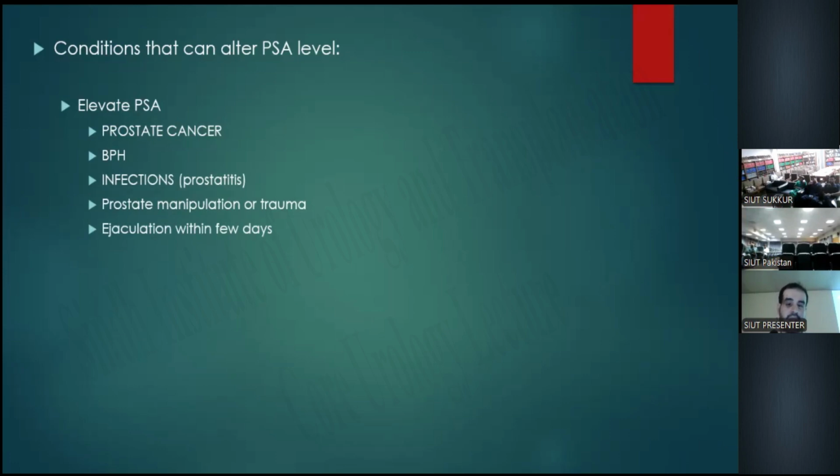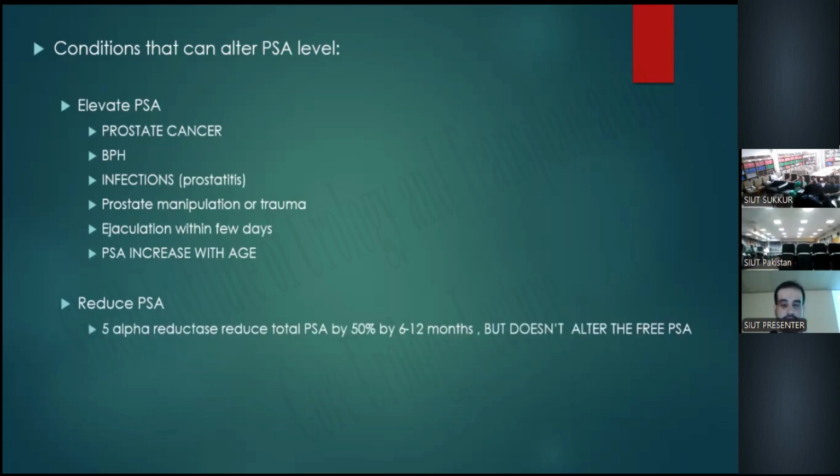PSA increases with age. Some conditions reduce the PSA: 5-alpha reductase inhibitors reduce the total PSA by 50% within 6 to 12 months, but do not alter the free PSA. Also low serum testosterone and prostatic surgery. After prostatic surgery, there will be a plateau or certain increase of PSA immediately post-op, followed by regression of PSA.